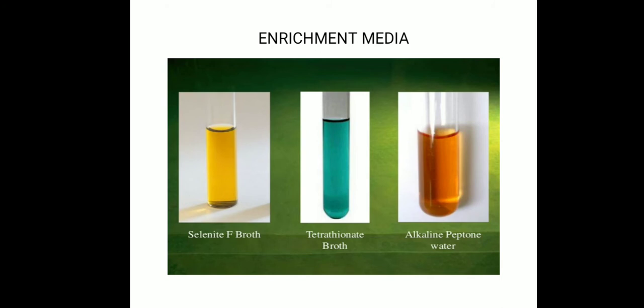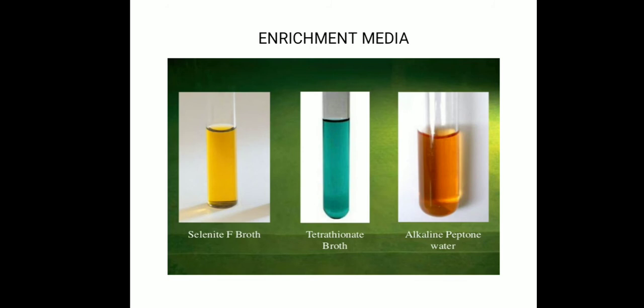This results in an absolute increase in the number of wanted bacteria relative to other bacteria. Such media are called enrichment media. These are very useful for culture of feces, where the non-pathogenic or commensal bacteria tend to overgrow the pathogenic ones, for example Salmonella being overgrown by Escherichia coli.